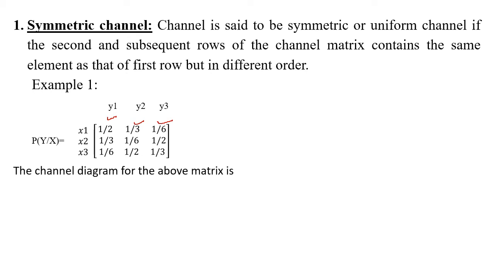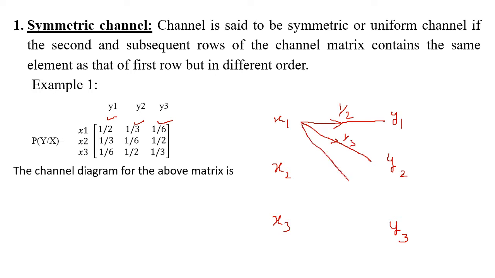If you try to write the channel diagram for this given matrix, you will have x1, x2, x3 as 3 inputs, and y1, y2 and y3 as 3 outputs. x1 to y1 is 1 by 2, x1 to y2 is 1 by 3, and x1 to y3 is 1 by 6.